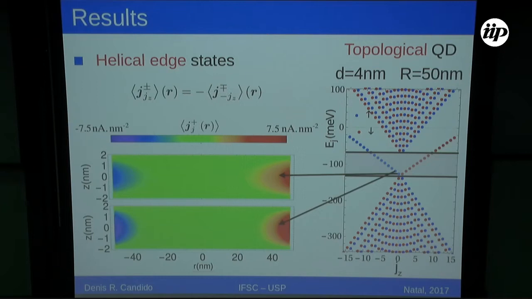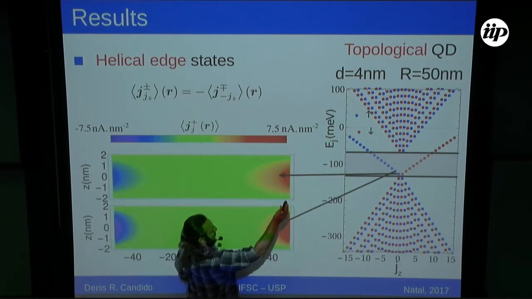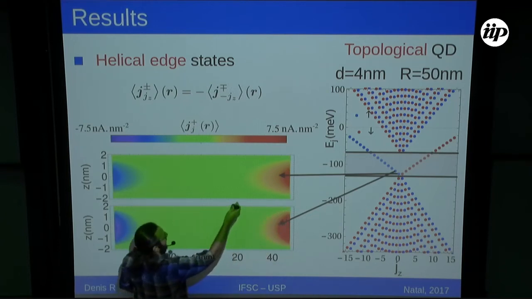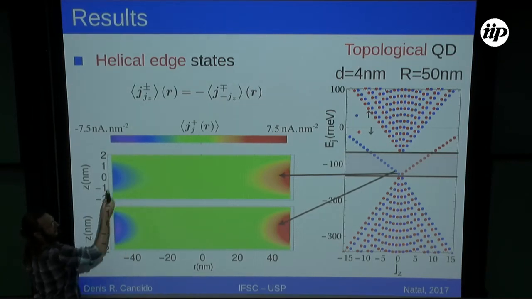This is the plot for the spin up current. Here I have the z direction, here I have the radial direction, and as we can see, the wave function and the current are localized near the interface, and more than that, they have opposite signs at each edge. Basically, the current here is going out of plane, in the positive z direction, and it circulates a bit, and when it comes back, it goes back with a negative sign.